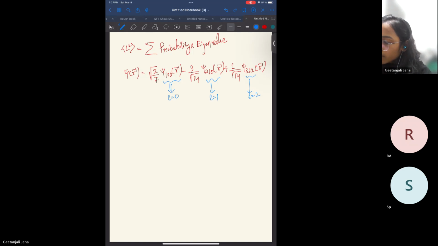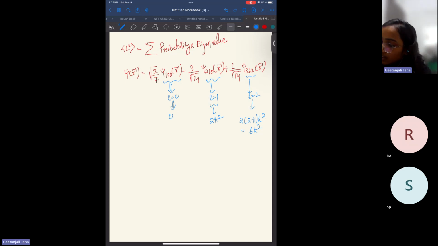So the eigenvalue you will get for this one is 0. This is 2 h cut square. This is 2 into 2 plus 1, 6 h cut square, right?